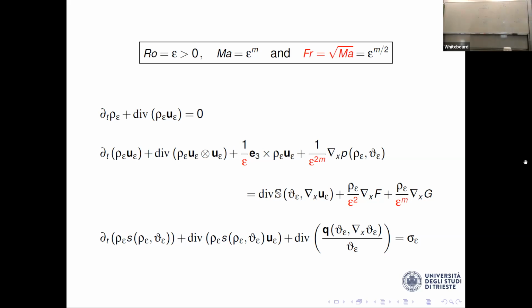The strong stratification regime, from the mathematical point of view, is a very challenging problem. There are only 2 papers, I think. One done by Feireisl and Novotny, I don't remember the year, and one by Fanelli, Bocchi, and Fanelli, Prange, and Bocchi, that tackled the problem of strong stratification.